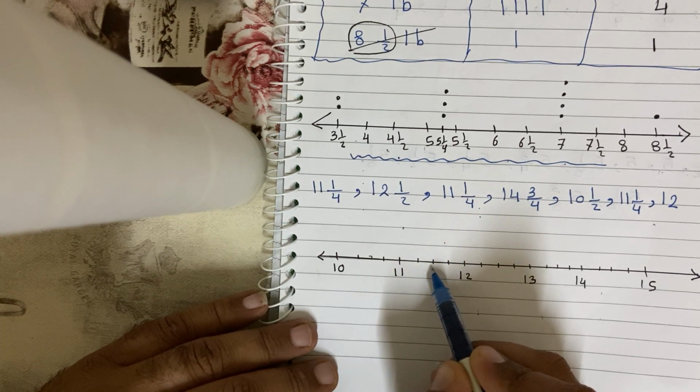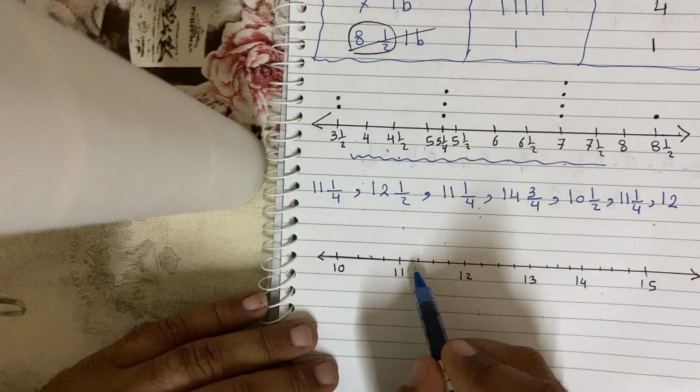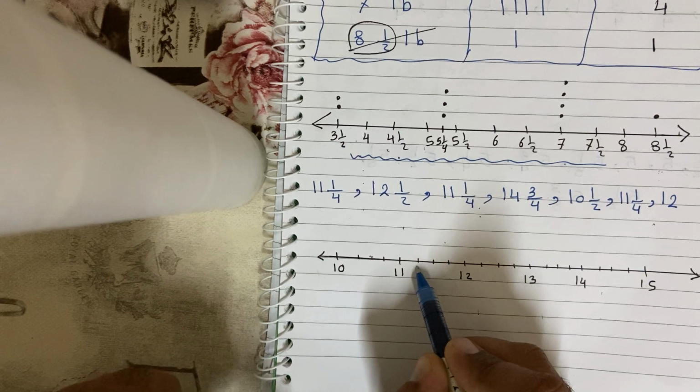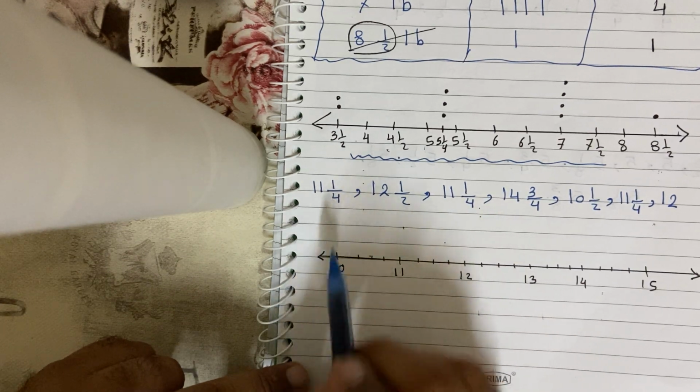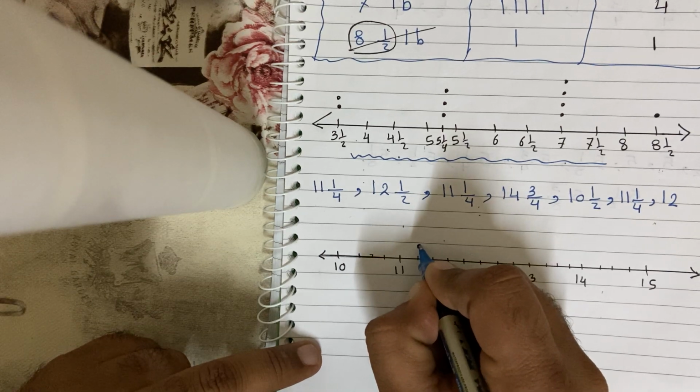This is 11.5, meaning half. This is 11.75, and this is 12. So each dash after the number means 1/4. 11.25 here, just 1 point.